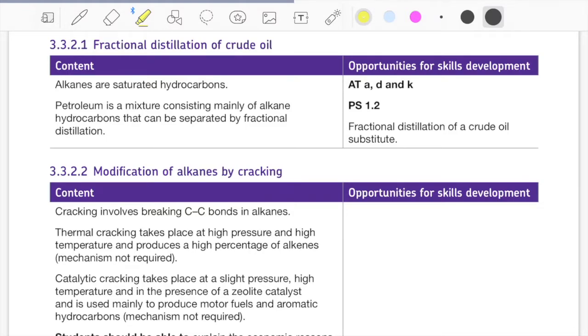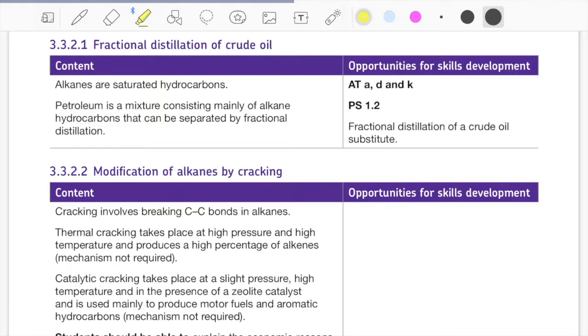We're not really going to worry about general formulas anymore because they're only of limited use. For example, when you do alkenes, the general formula is CnH2n, which is no longer very useful because that's also the general formula of a cyclic alkane. So I wouldn't worry too much now about general formulae.